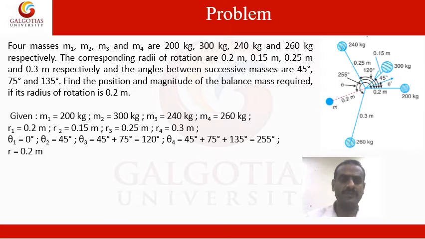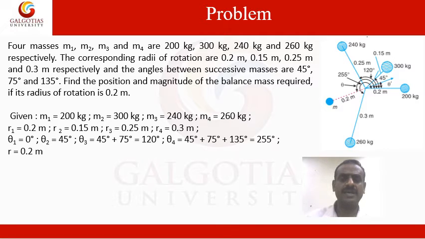Now we see one problem on balancing of several masses rotating in the same plane. Four masses M1, M2, M3 and M4 are 200 kg, 300 kg, 240 kg and 260 kg respectively.